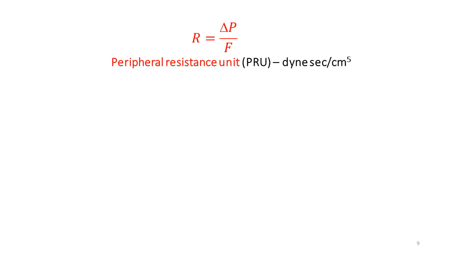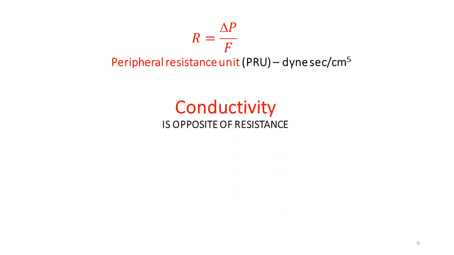So what is conductivity, or conductance? Conductance is a measure of blood flow through a vessel for a given pressure difference. The unit of conductance may be milliliters per second per millimeter of mercury of pressure, and conductance is the opposite of resistance.